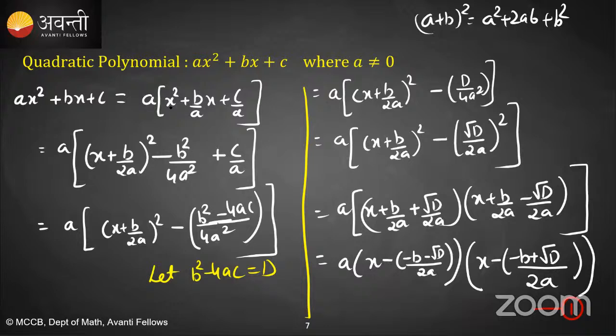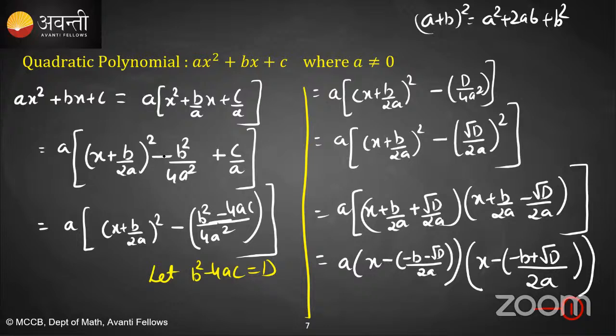Then I said, how to make a perfect square of any quadratic expression. Take the square root of the degree 2 term. The degree 2 term is x square, so take x, then half the coefficient of x. The coefficient of x is b by a, so its half is b by 2a. Clear?